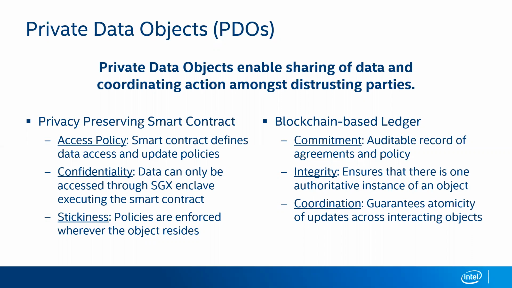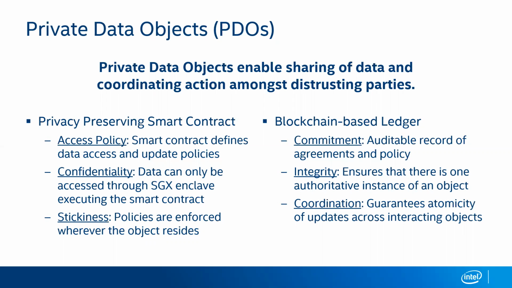We get confidentiality of the data, and we get stickiness of the policies associated with the data as it moves around. The ledger then, so that's really the smart contract and the behavior side of things. What the ledger does is give us a way of establishing authority of the particular version of the smart contract that's sitting off on the side.